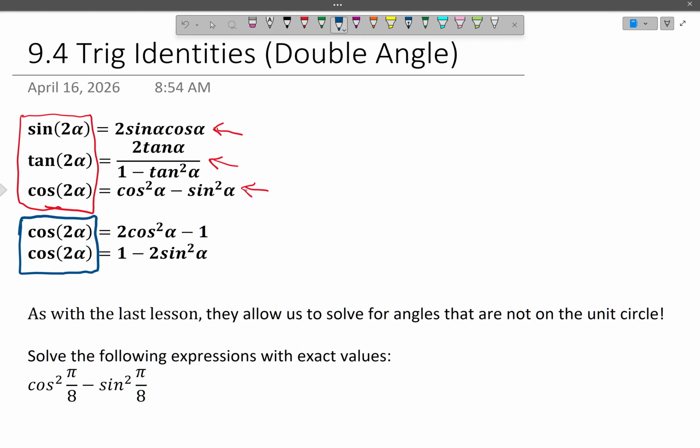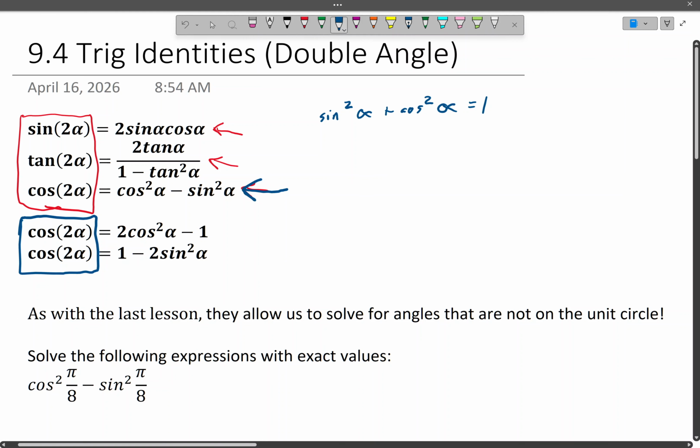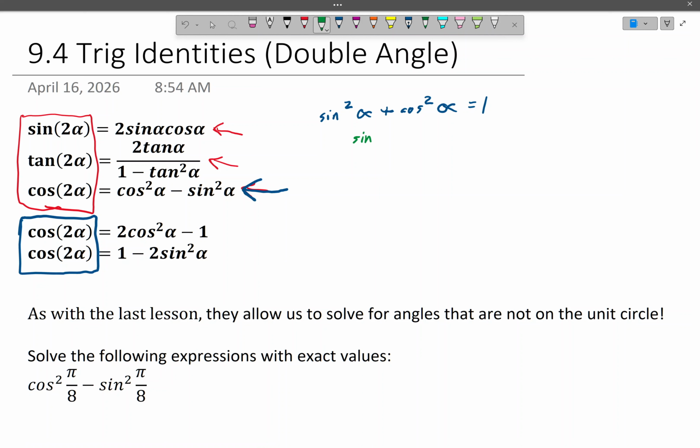So if we take this cos identity and we use the Pythagorean identity, that is sine squared alpha plus cos squared alpha equals 1, and then we rearrange it for whichever version we want. So if we go like this, sine squared alpha equals 1 minus cos squared alpha.